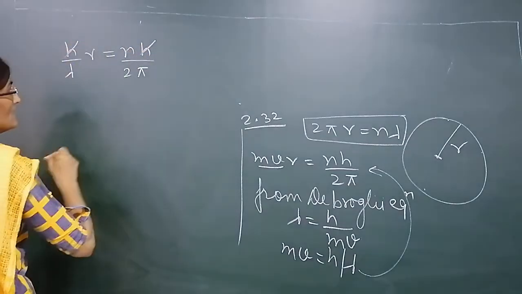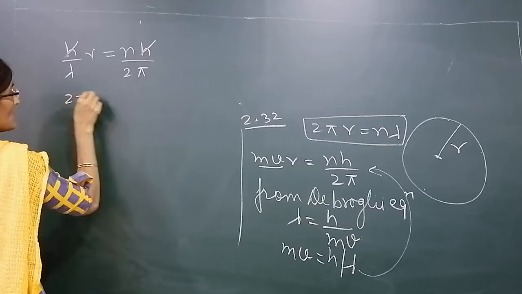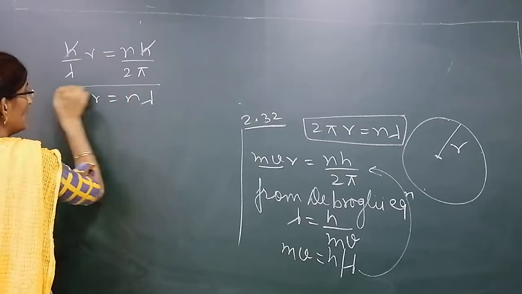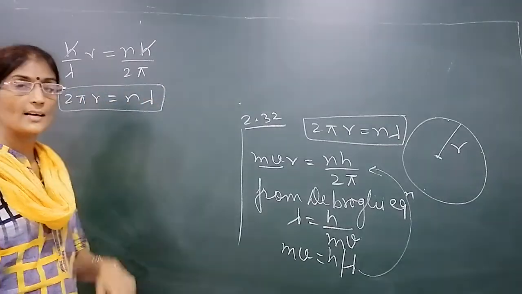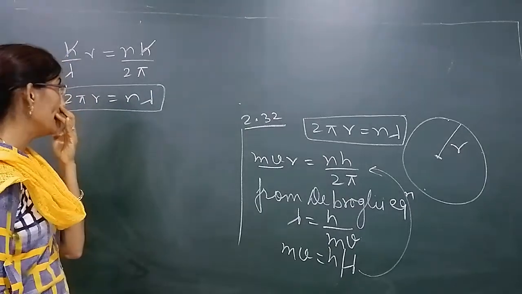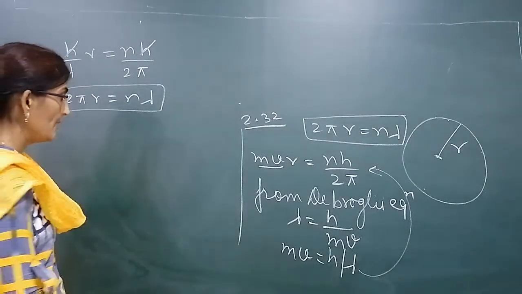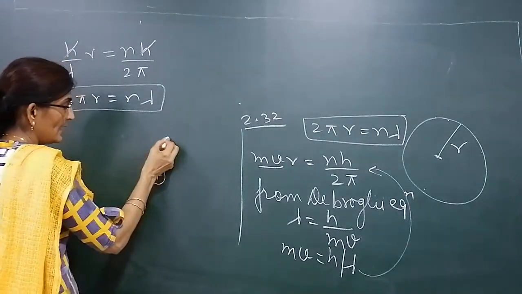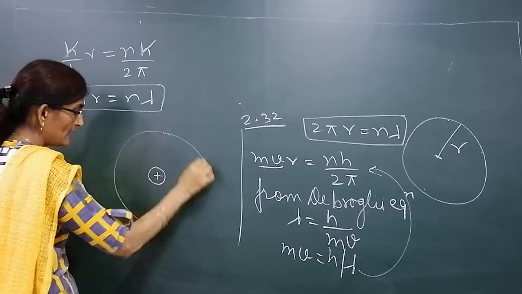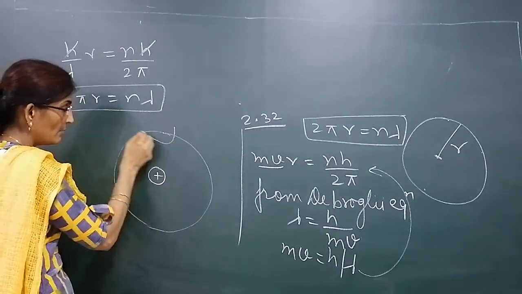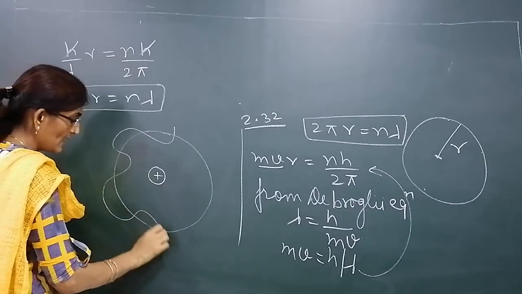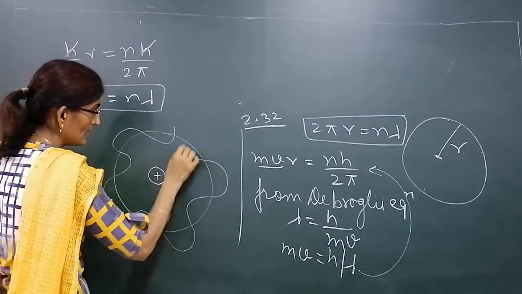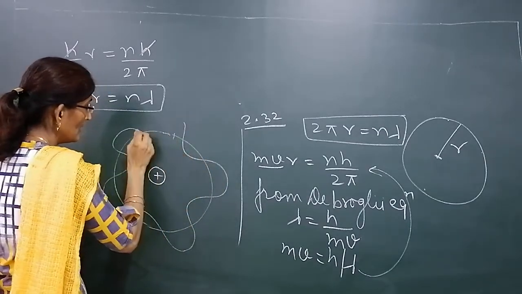This h would be cancelled. Take this 2 pi to this side. So 2 pi r is equal to n lambda. That means the circumference of the orbit is an integral multiple of wavelength lambda. What it means is that around the nucleus, the electron revolves such that a whole number of wavelengths are present in the circumference, like this.